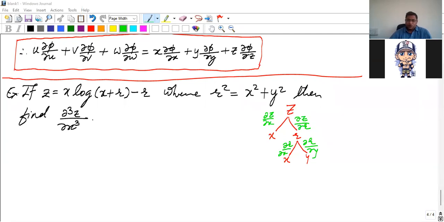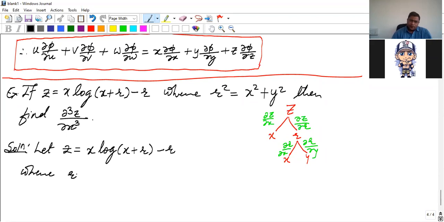Let us try to find the derivative of z with respect to x. For that we have to find the derivative of r with respect to x also, and hence we get the solution. So z is a function x log of x plus r minus r, where r square is equal to x square plus y square.